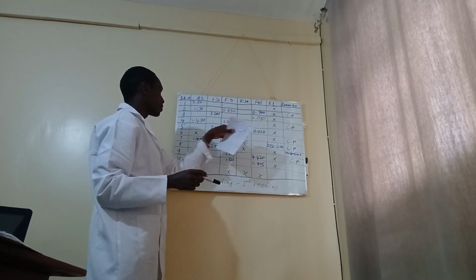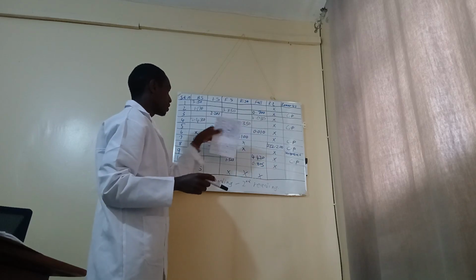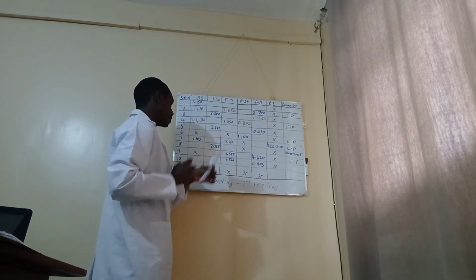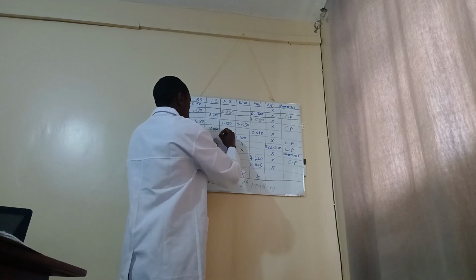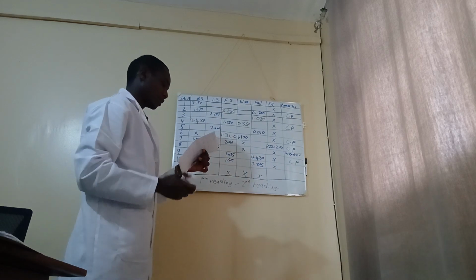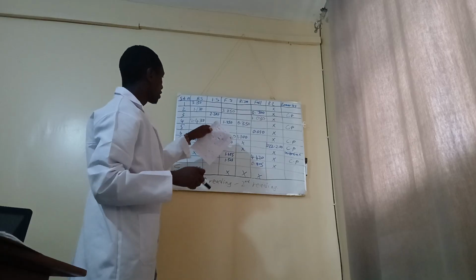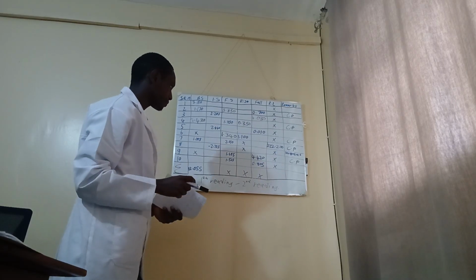So this minus this will give you this. But since you don't have this, you take this minus this, you get this value, and that value will be 1.340. And you can counter check, you pick this one minus this, you get your value there.